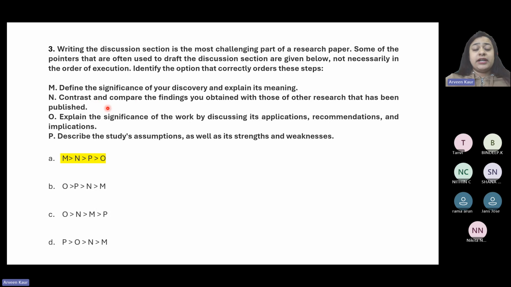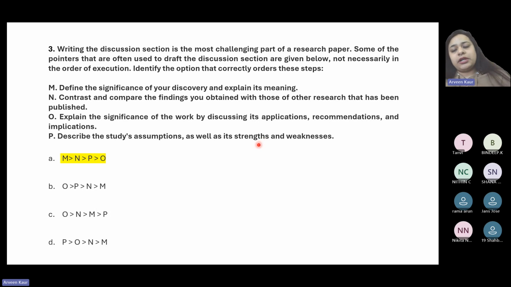That is, contrast and compare the findings you obtained with those of other research that has been published. So, suppose you were working on a kind of neurodegenerative disease, right? And you find results that were similar to what was reported in maybe some other model or some other form of neurodegenerative disease, right?